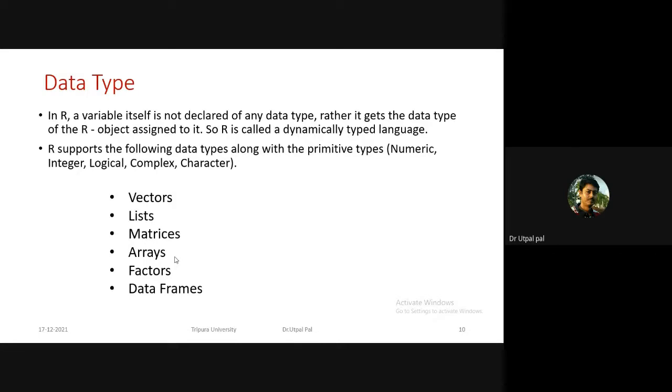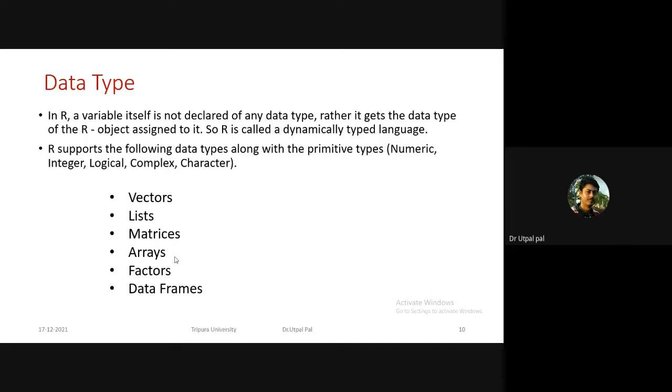Data type is a very important part of any language. In R, a variable itself is not declared with any data type. That means we do not declare any type for the variable. Rather, it gets the data type of the R object assigned to it. Whatever value we assign to the variable, that type is automatically declared by R. So R is called a dynamically typed language.